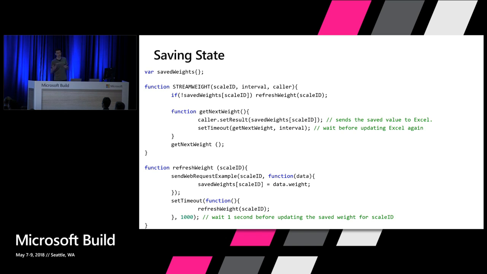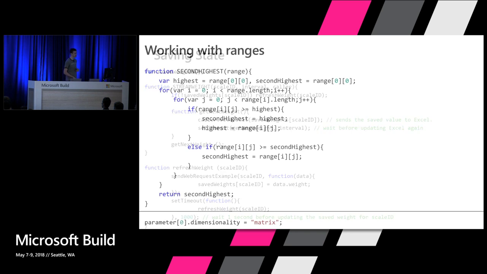This is really handy for a function like the one that I showed you that streams weight, because let's say you have 100 different instances of that function all requesting the same weight. You don't want to keep going to the server 100 times. You want to just store that value locally. And if your function queries it and it's already available, just pull down the latest one that you have locally without even having to go to the web at all. Very convenient for asynchronous functions.